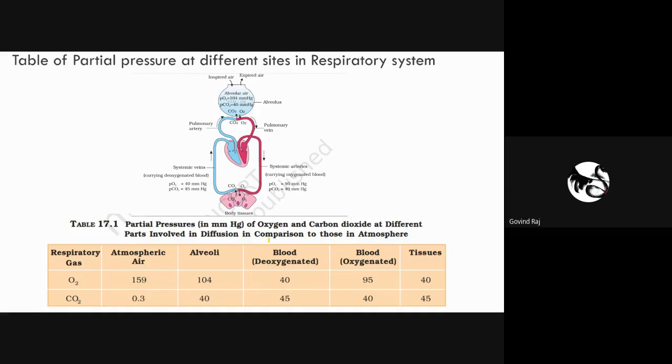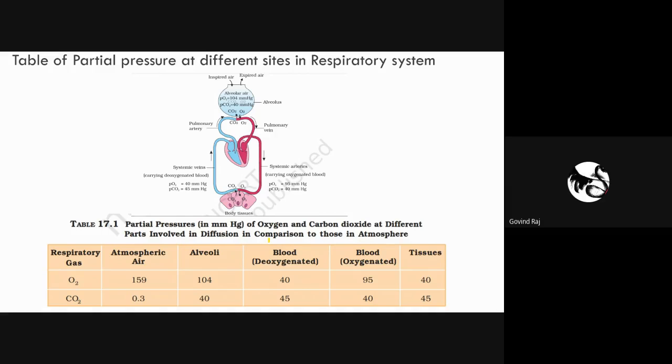That is the same principle here. In the air we have oxygen and carbon dioxide, and partial pressure plays a role in the diffusion of these gases between the alveoli and the blood vessels.